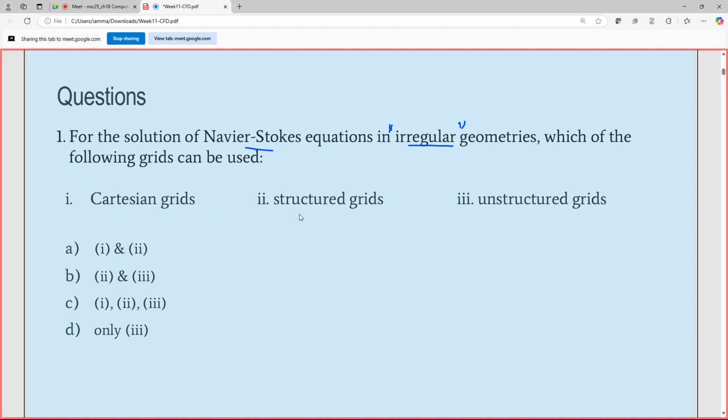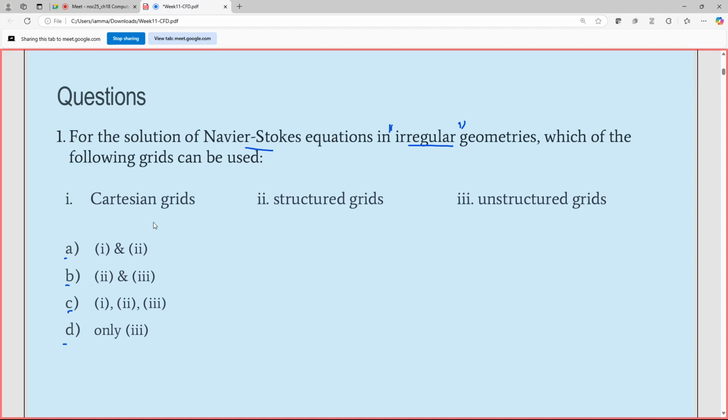Cartesian grids, 2. Structured grids, 3. Unstructured grids. Option A, 1 and 2, that is Cartesian grids and structured grids. Option B is 2 and 3, that is both structured grids and unstructured grids. Option C, all of the above: Cartesian, structured and unstructured. Option D, only unstructured grids, only 3.